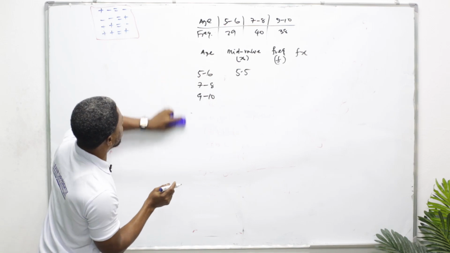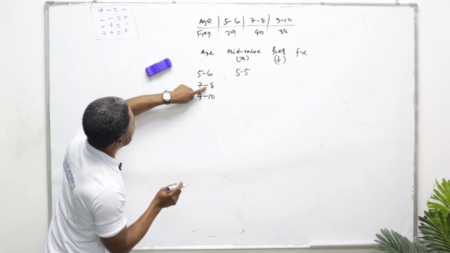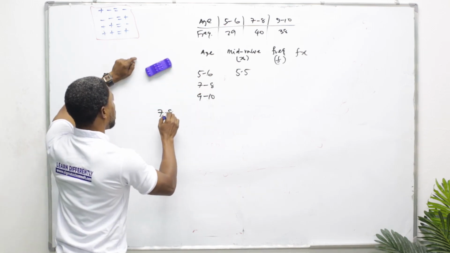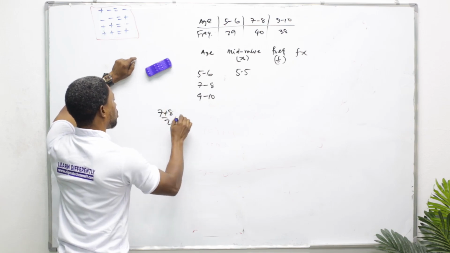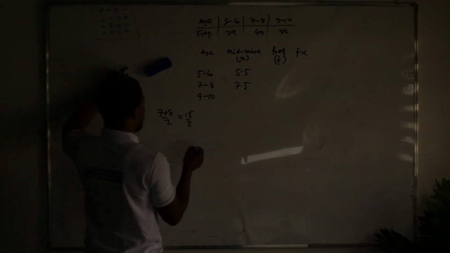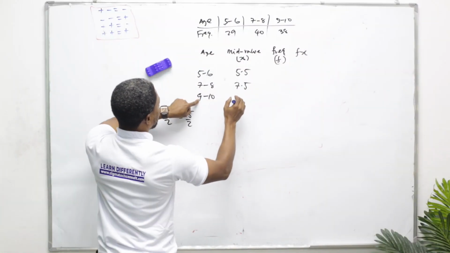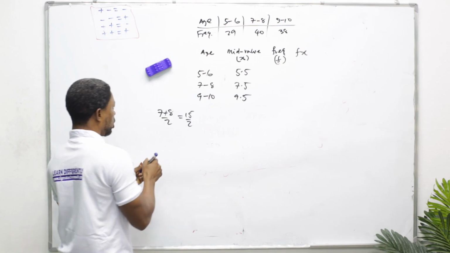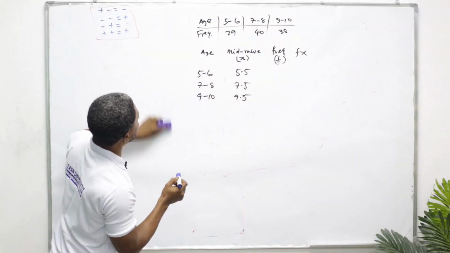Then do the same thing to the next, 7 and 8. Add them, that is 15, divided by 2, so here is 7.5, the middle value. Then there will be 9.5. That's how you get the middle value. We call it the mid value.